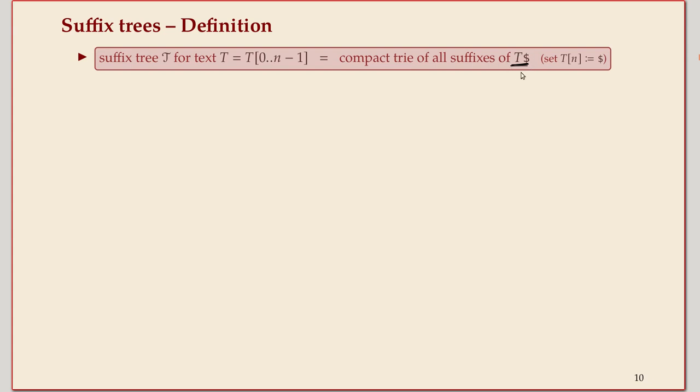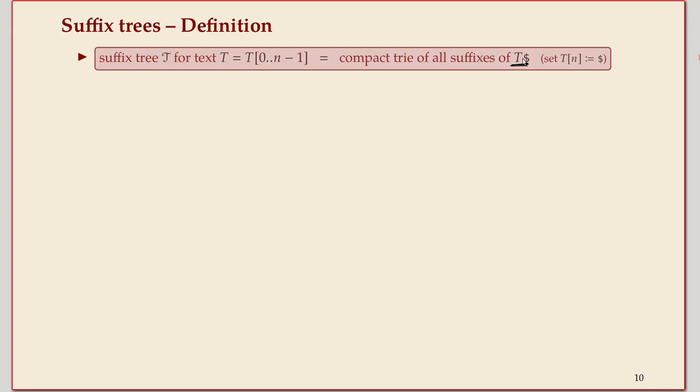So how many suffixes are there of a given text? That's a good question for you. I should have put that on Pingo. Would someone like to scream it out? How many suffixes does the text with n characters have? N? N sounds good. If we add this extra character, you could argue whether or not the empty substring is an interesting suffix, but it's actually not, so we'll ignore that one.